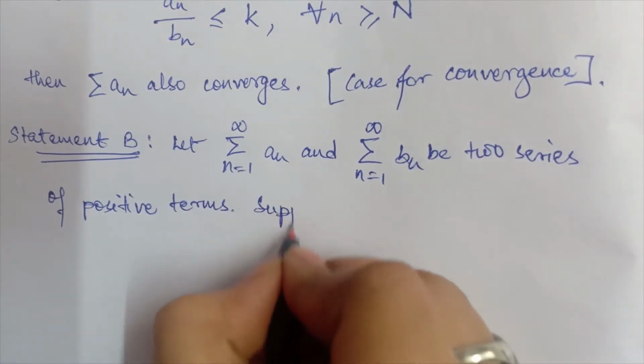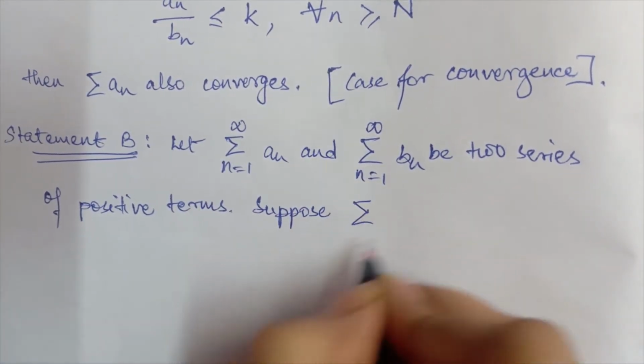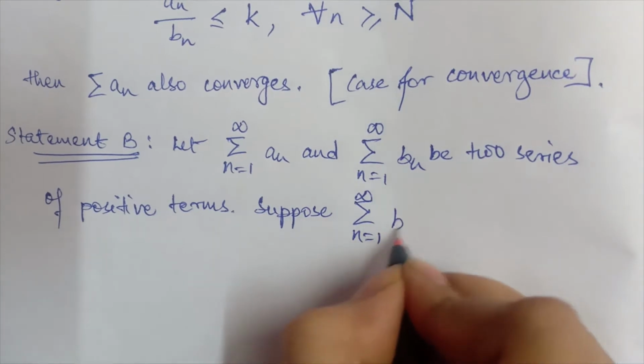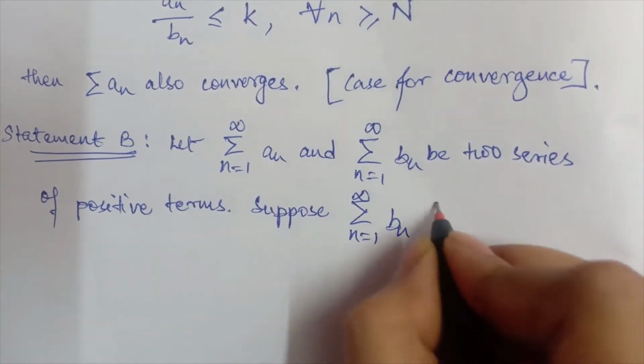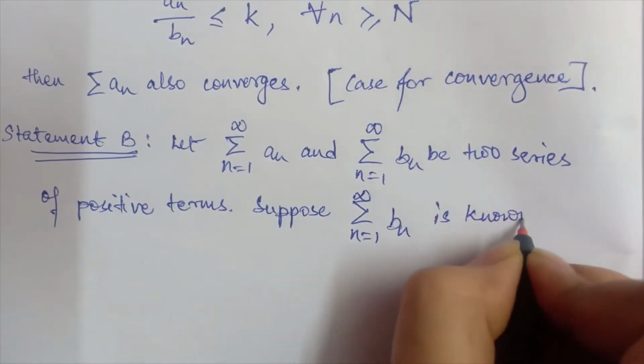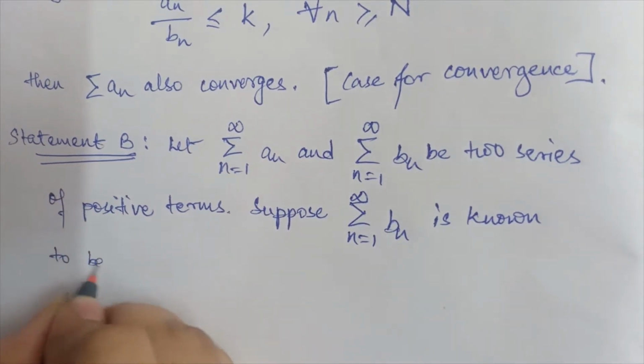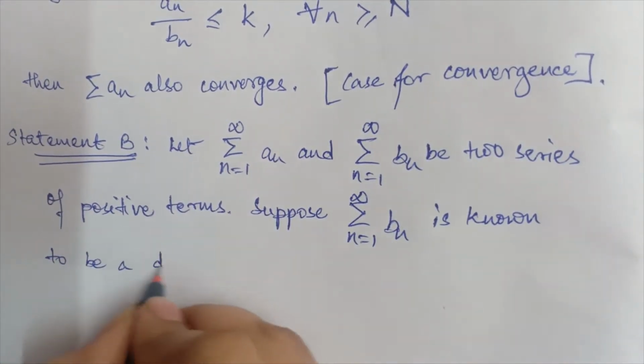Now suppose summation n equals to 1 to infinity bn is known to be a divergent series.